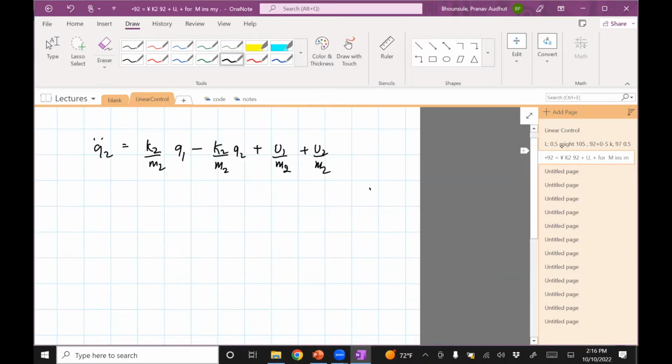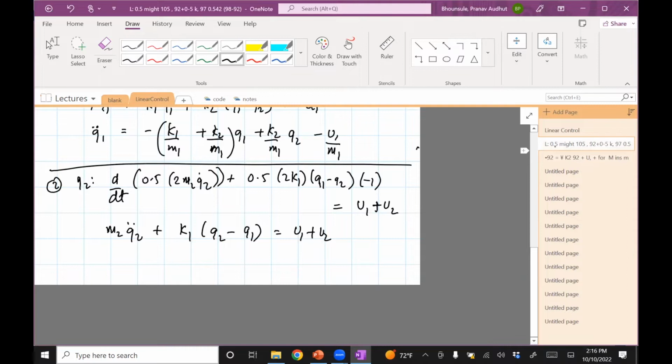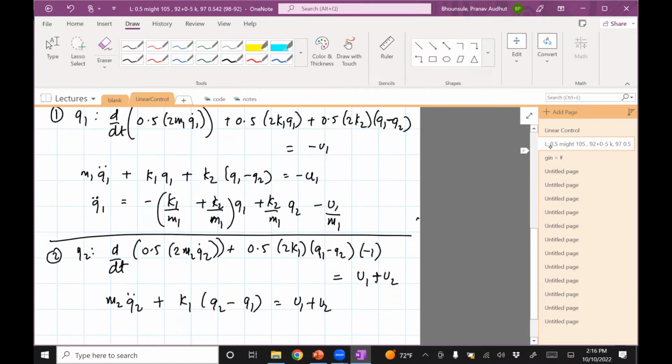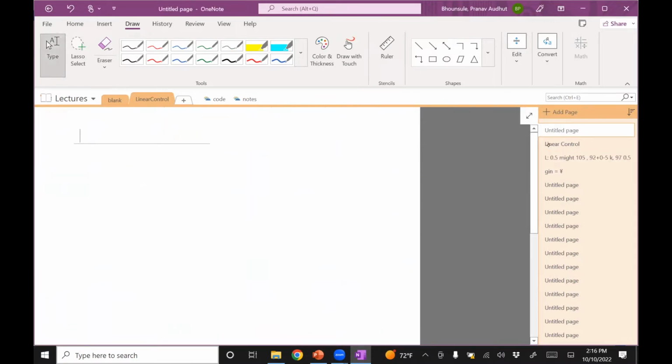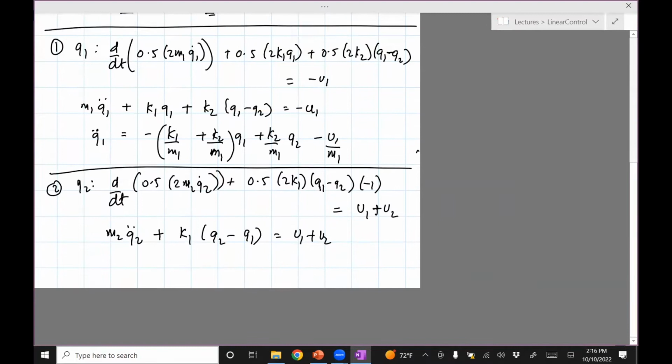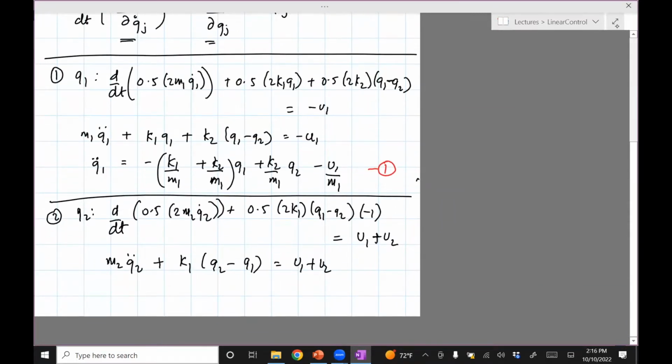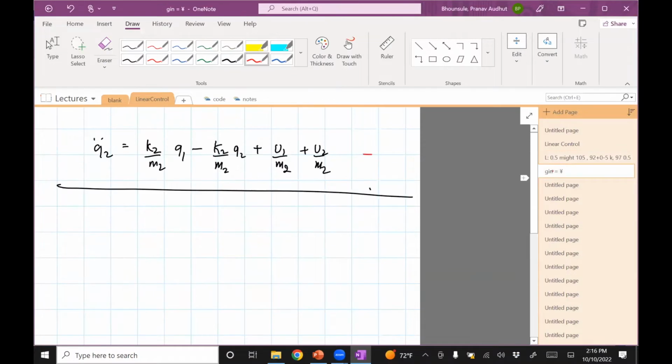Okay, there's a negative sign on Q2. Is that what is here? Yeah, so it's positive here, but when it goes the other side, it'll be negative. So what we have is equation 1, and then when you simplify this equation, we have equation 2.